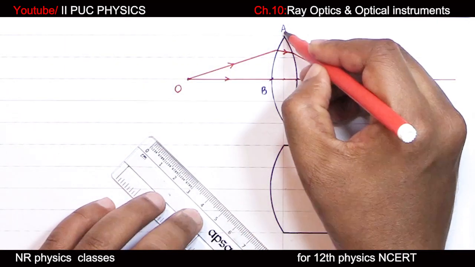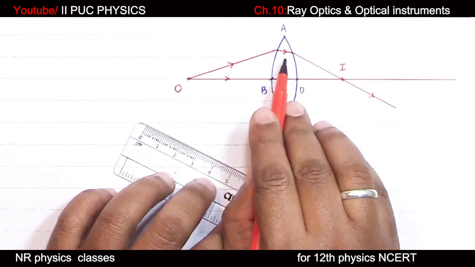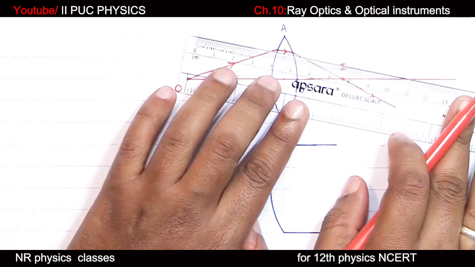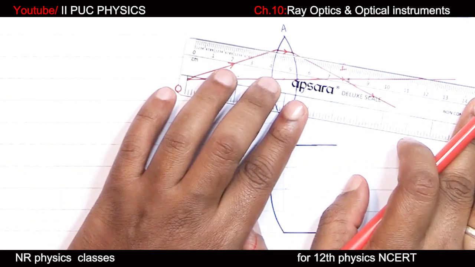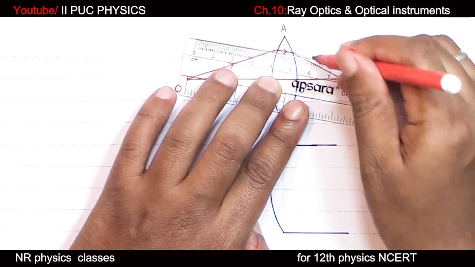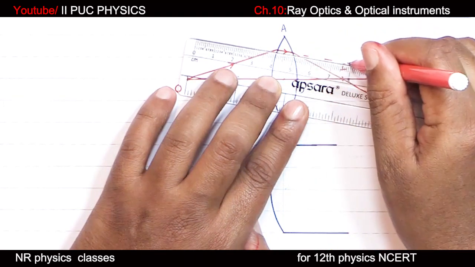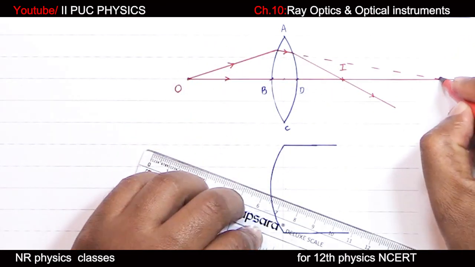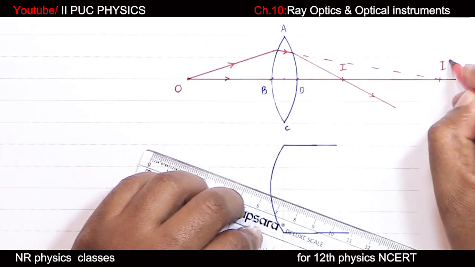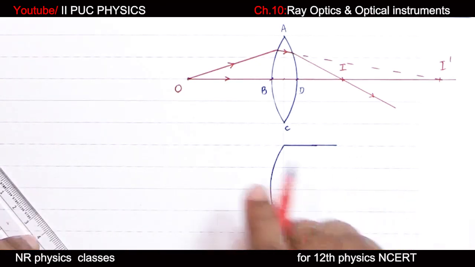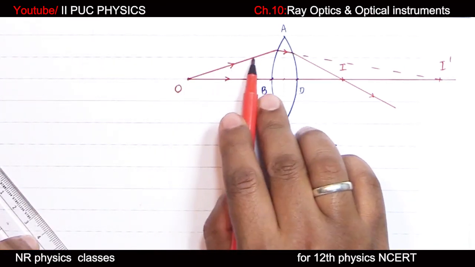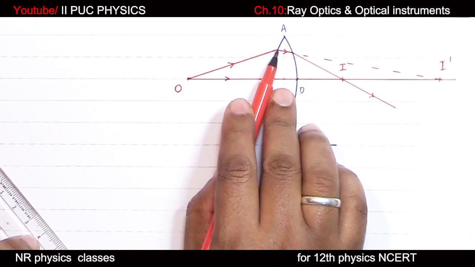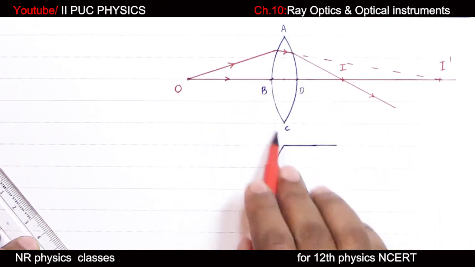Now, in the absence of ADC, this light would have traveled straight and met the principal axis at this point, I dash. Understand? This light ray undergoes refraction because of ABC.